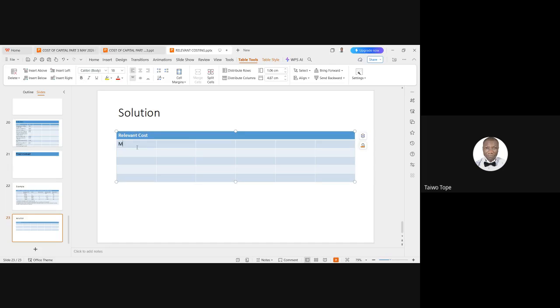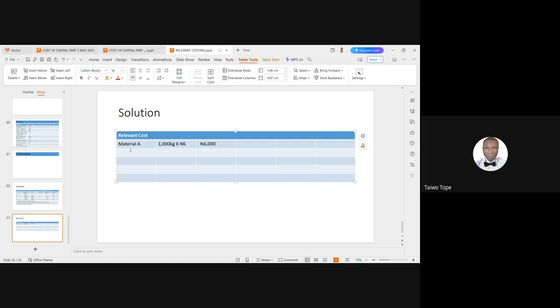Relevant cost, material A, we have it as what? 1000 kg. The replacement value is what? 6 naira. Overall, this will be 6,000.